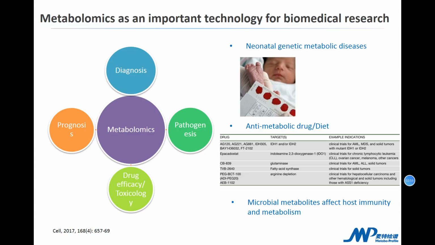Metabolomics is also used to select new drug targets, which can be metabolic enzymes or metabolite transporters. Thanks to rapid development of metabolomics, more and more metabolic enzymes are found as potential drug targets.